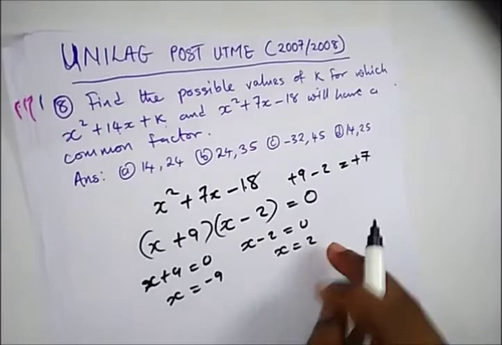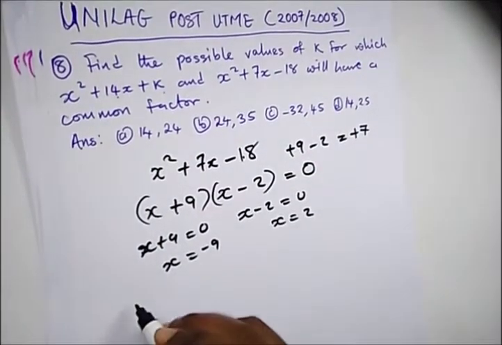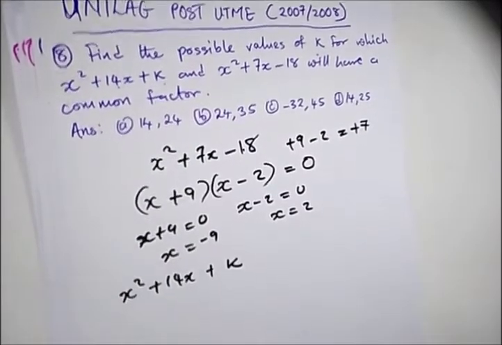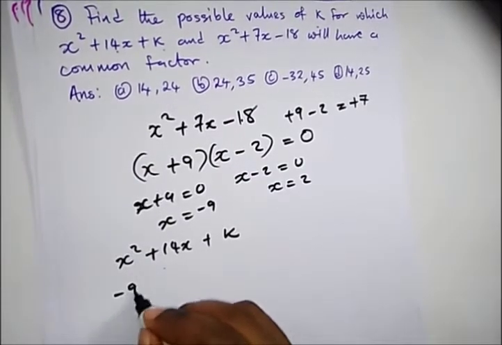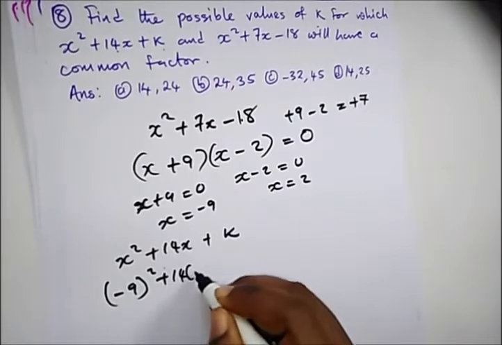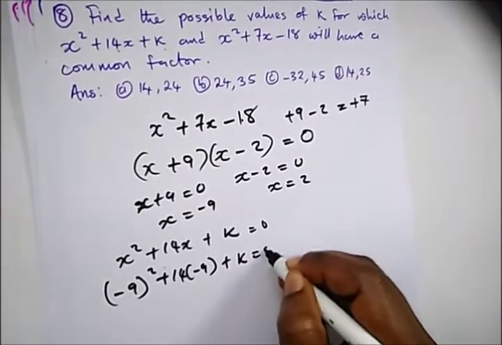So we'll put in these two values into this equation, right? Let's start with minus 9. Putting minus 9 into this equation, this is our equation, x squared plus 14x plus k. So we have minus 9 all squared plus 14 bracket minus 9 plus k equal to 0.